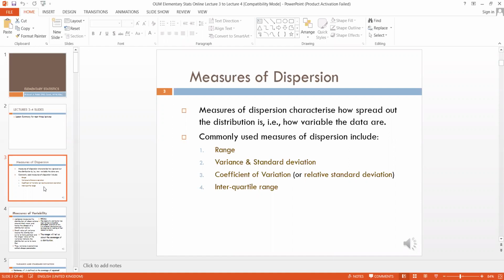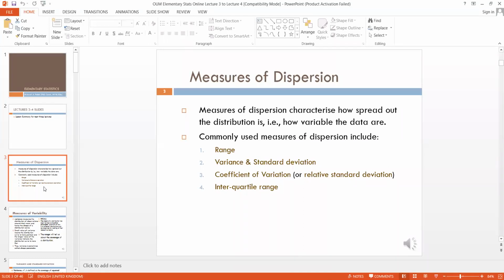Sometimes you want to look at the dispersion from the central value, which is the mean, or sometimes from the minimum to the maximum, or sometimes the dispersion in the center half of the data.